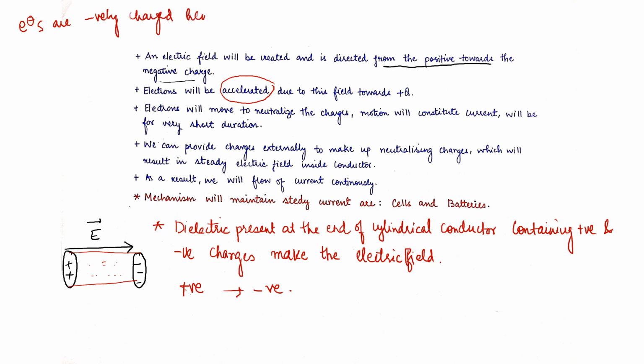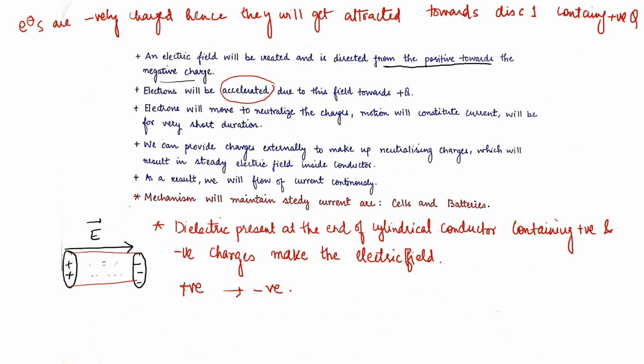Hence, they will get attracted towards disc 1 containing positive Q charge.